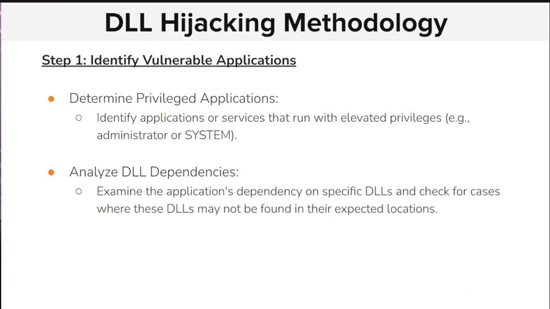And if it doesn't exist or is not found, then we could potentially generate our own DLL with the same name as the original DLL that the program is calling, and have the application load in our malicious DLL.